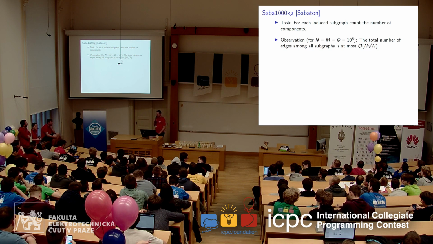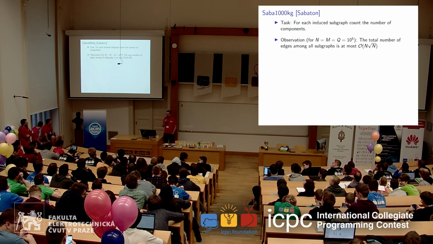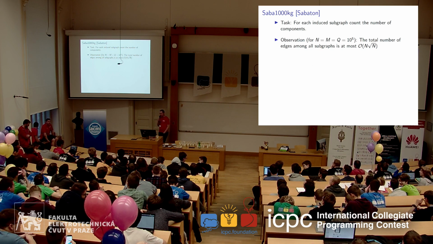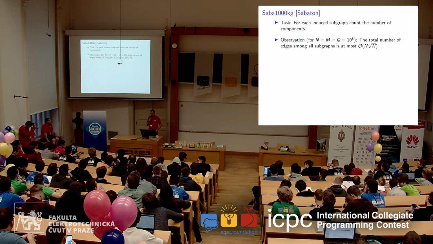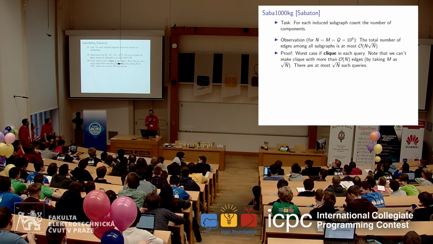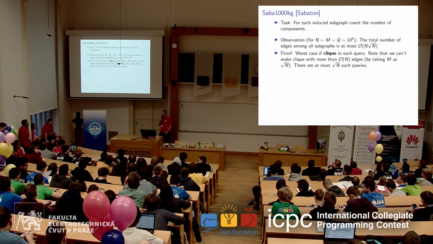But we can notice that for these bounds, the total number of edges that we try among all queries is at most n times square root of n. And that is because the worst case is if we ask for a clique in each query.